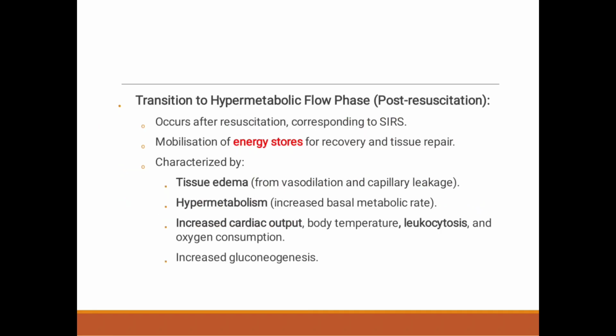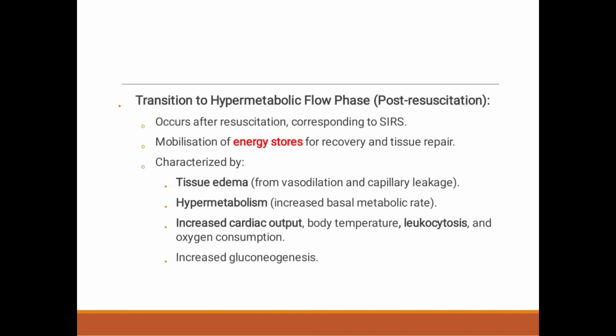From this phase, post resuscitation, if the metabolic phase isn't controlled, the body is transformed into the hypermetabolic flow phase. What happens is the body enters into a stage where there's mobilization of energy stores for recovery and tissue repair. But if there is uncontrolled inflammatory response, it leads to tissue edema from vasodilatation and capillary leakage. And we know why capillary leakage happens, because of endothelial damage.